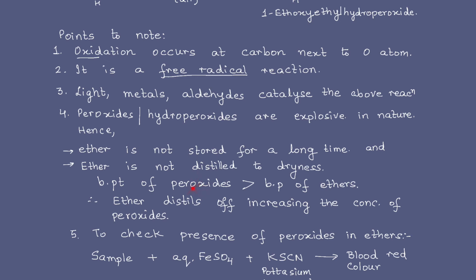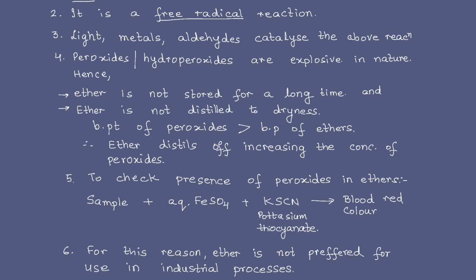That is why, especially ether which has been kept for a long time, should never be distilled to dryness. And we never store the ether for a long time. When we have to use our ether, we have to be careful that the peroxides are not there. How do I check whether my sample of ether has peroxide or not?